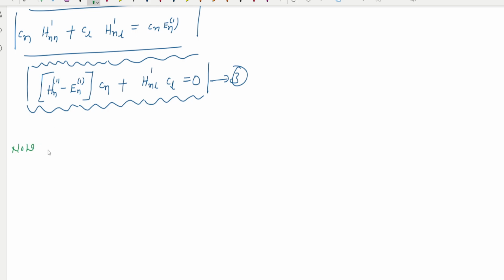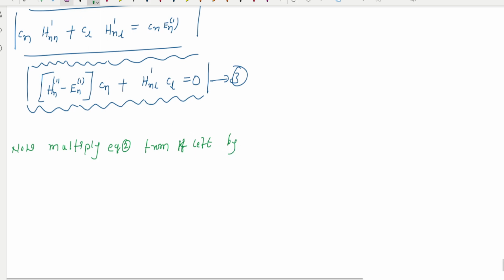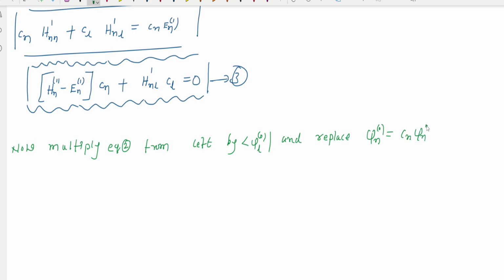Now multiply equation 2 from the left side by L power 0, and at the same time replace n power 0 with our new linear combination, right?